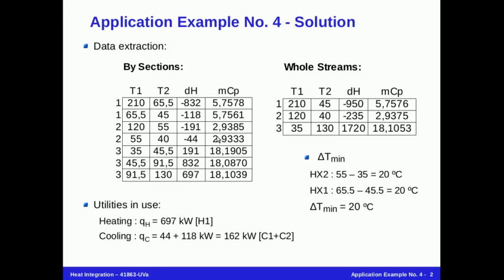Same thing for stream number 2, and also very similar in stream number 3. So we can take the whole streams as linear, and use just the stream temperatures and the summation of every heat exchanger enthalpy flows.